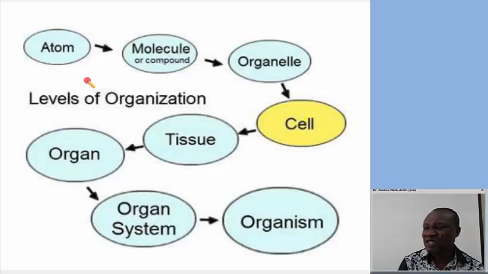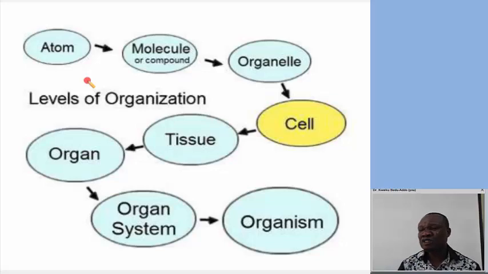Now, there are different types of tissues. We have epithelial tissues. Now, epithelial tissues will line body surfaces and body cavities. We have connective tissue.